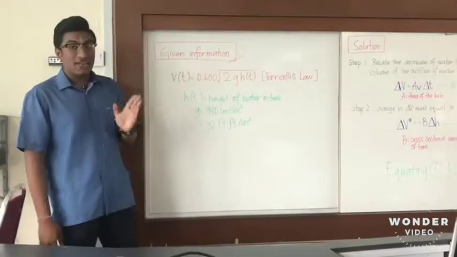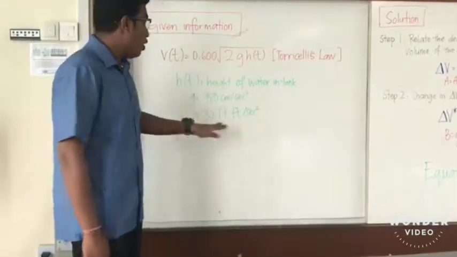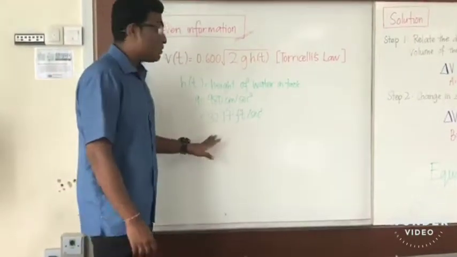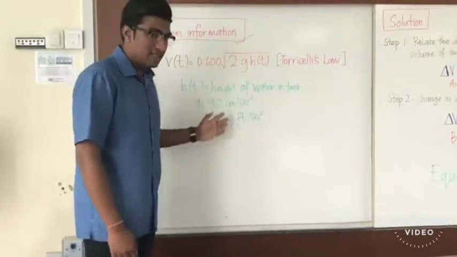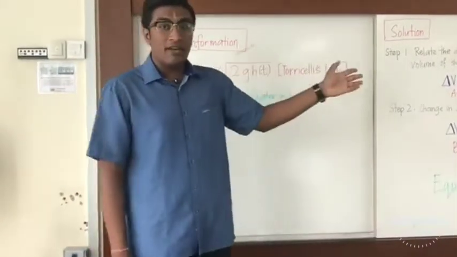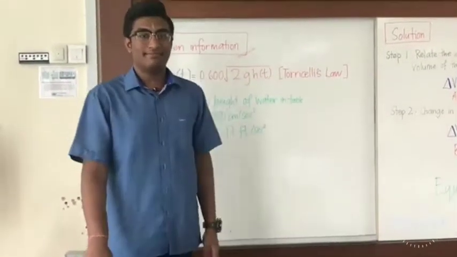This will be the base formula that we use to solve this question. And g is the gravitational acceleration, which is 980 centimeters per second squared, or when we convert it to feet, 32.17 feet per second squared. Using this information, we will substitute the values into the solution later to find the answer.